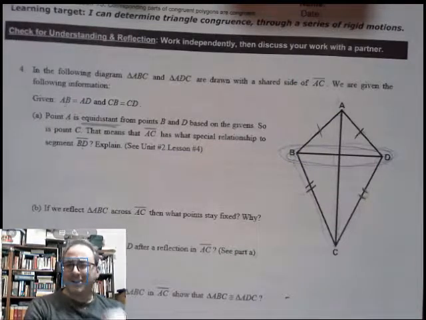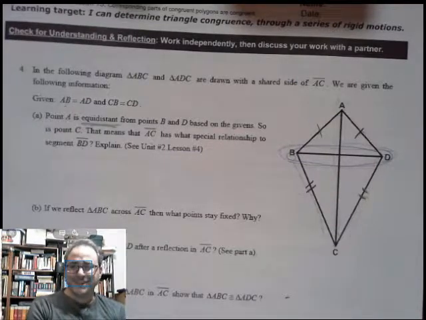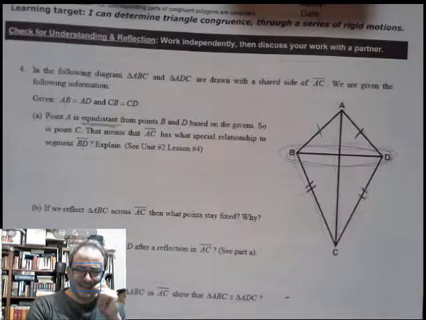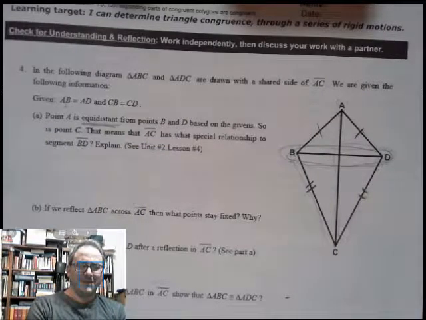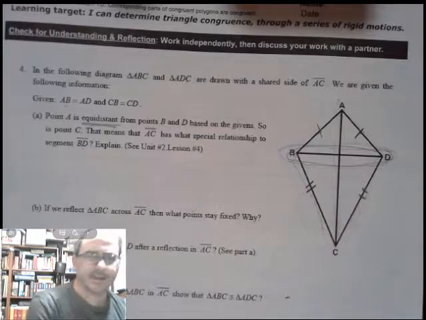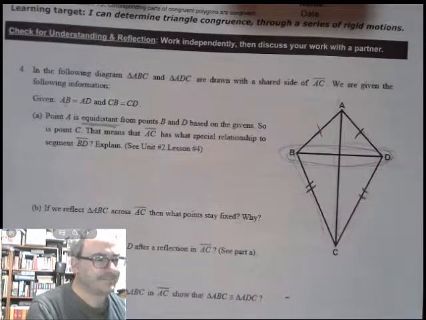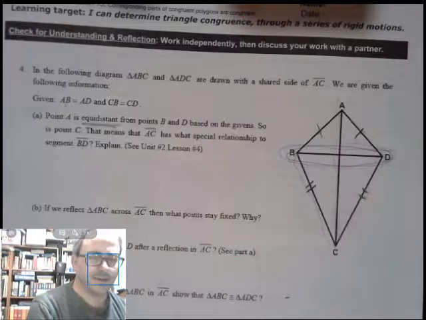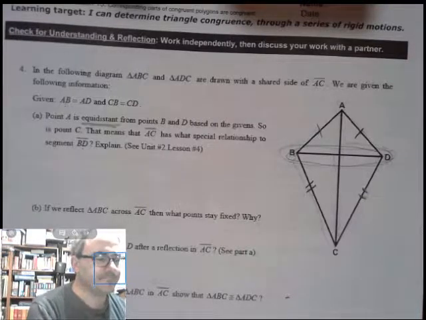Take a risk. You might be right. It's okay if you're not. Just try. Guess. Think. What does it mean that they're equidistant? What effect would that have? Pause the video here if we need more time.